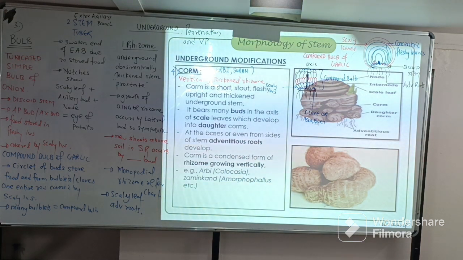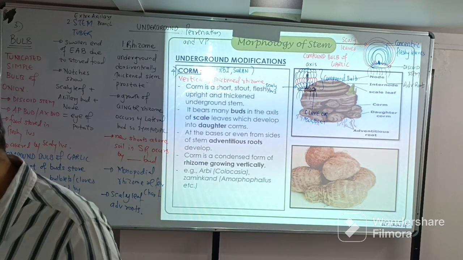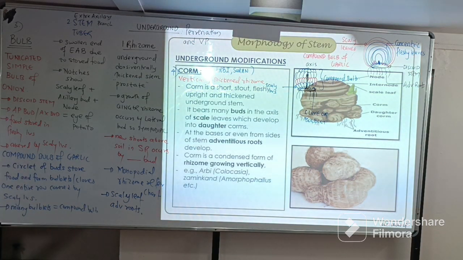Next. Sucking roots are called haustoria. Examples: complete and partial. Complete, Cuscuta. Partial, Viscum album. My job is only to make you understand. If you don't learn, you will cry after 2 months. Then, we are talking about which roots?